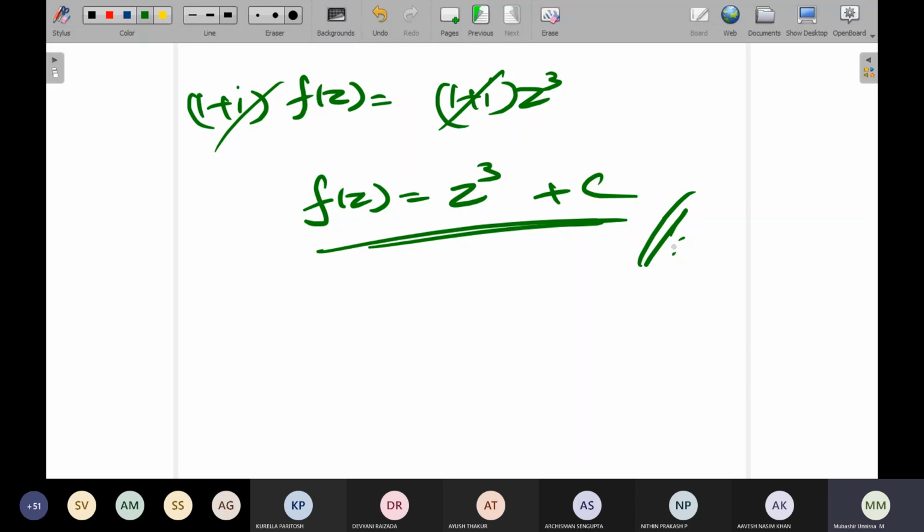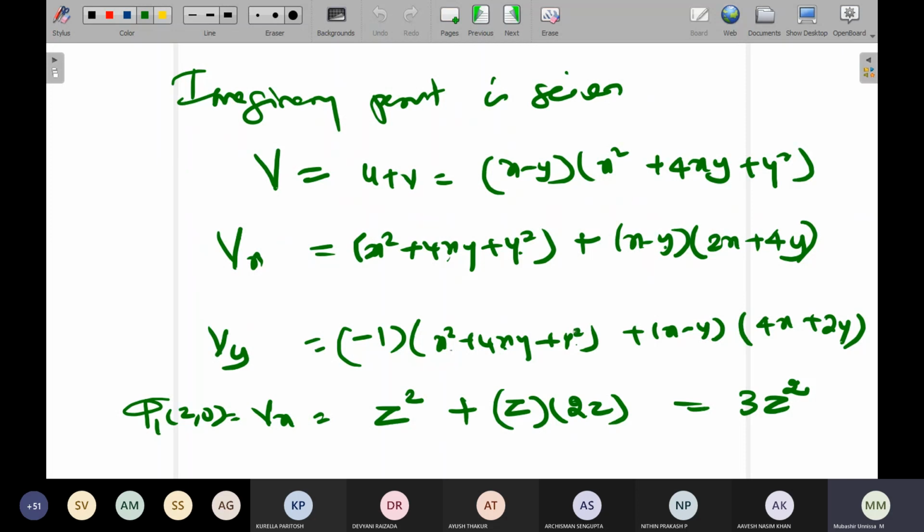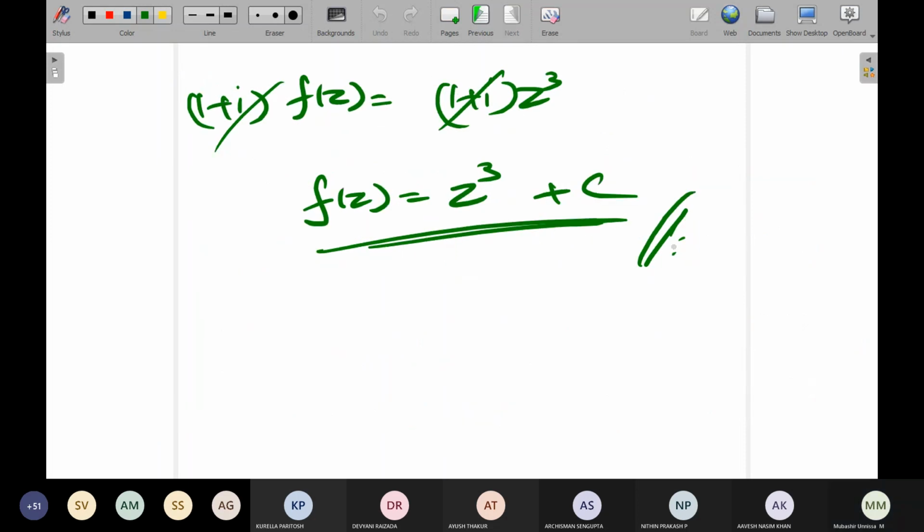Vishnu Arvind, you are here. Yes, ma'am. Can you tell me how will you find V capital? No, what is given? Yeah, V is given. Can you tell me how you will find U? How will you find U? One minute, the equation alone you tell me. Not asking you any other procedure.